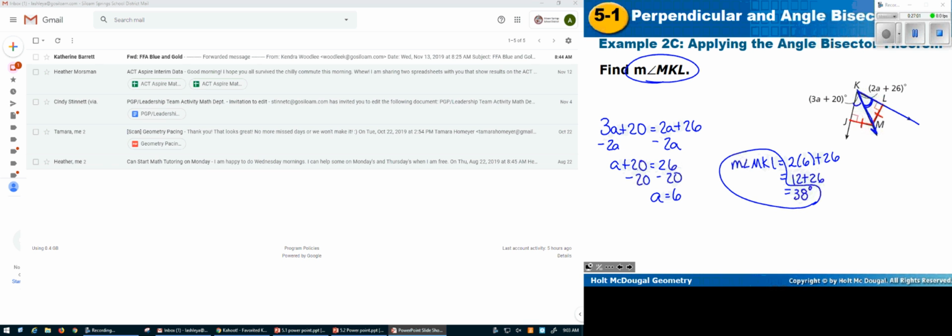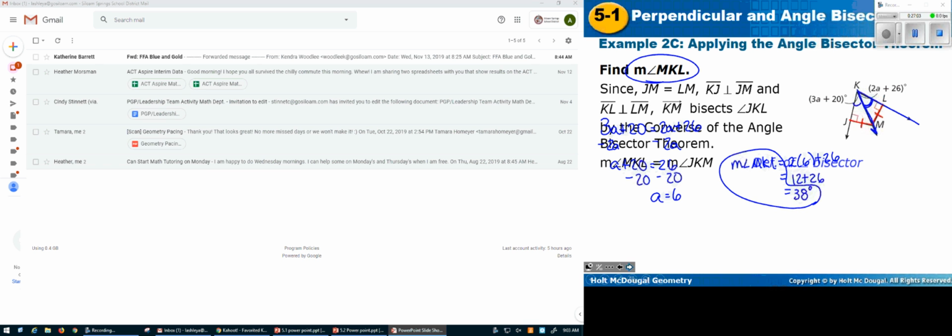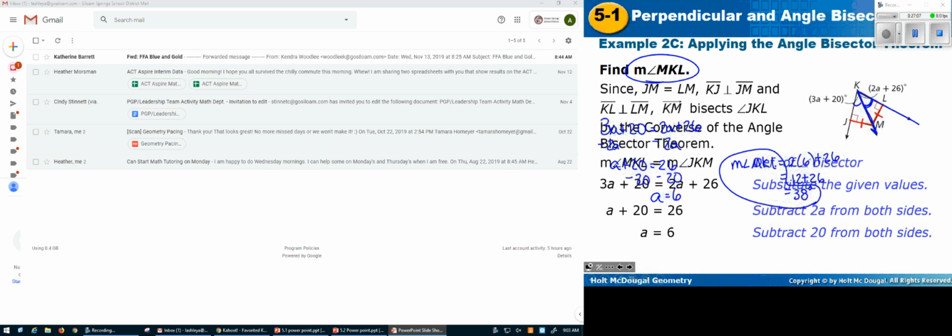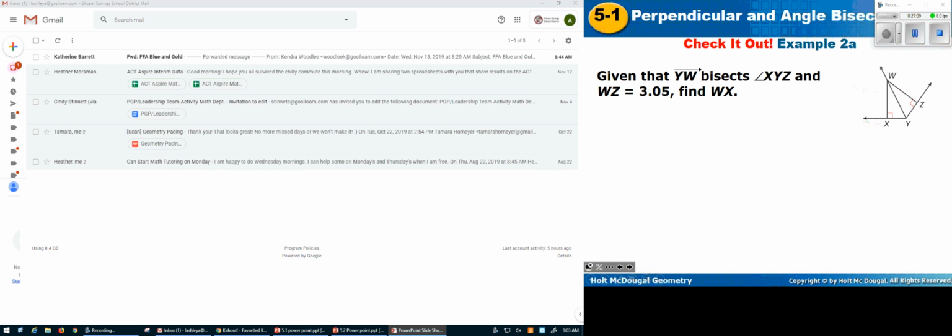Okay, if we go over to the back. This is also another really easy one. It says, given that YW bisects angle XYZ. So they're giving you that this is an angle bisector, right?